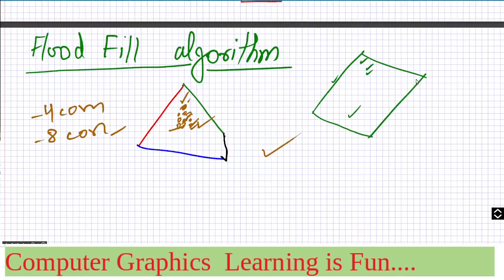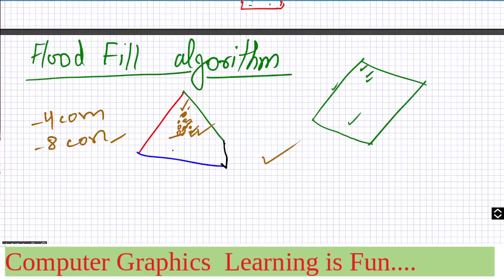However, in flood fill what happens? We do not check for the boundary, we check only for the interior color, its own color. We compare whether it is the given color or not. If it is the given color, we replace this color and consider the new pixels around it, the neighboring pixels.